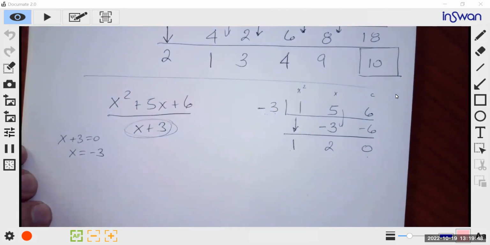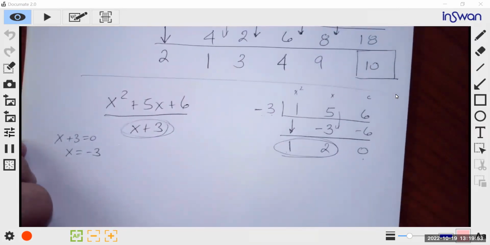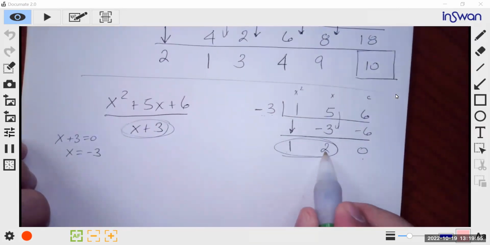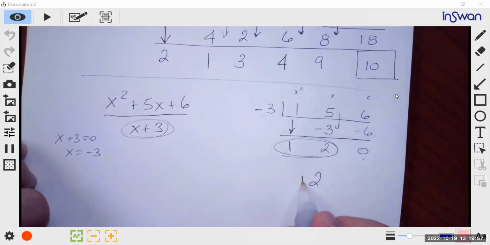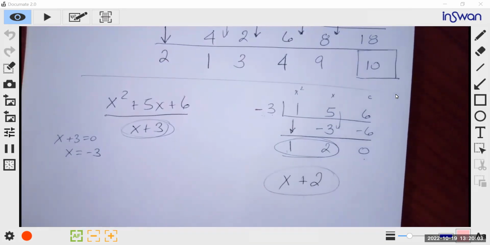And here's one more thing it does. This is the other factor. That's the constant. That's the x. So there's our answer. Much easier.